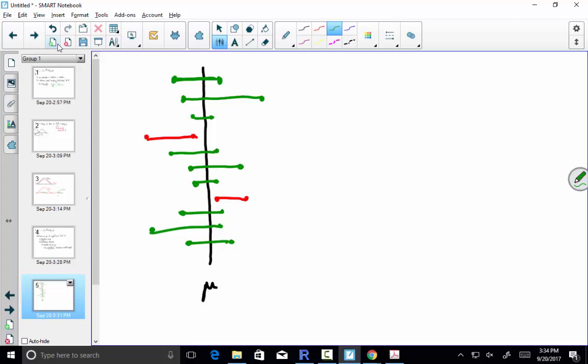And the flip side of that is 5% of the time, when you do this routine, pay the money and the time, go collect your 100 observations, measure them, run it through the algorithm to compute one of these things, all you have to show for it is your one interval. And you have no way of knowing whether your interval is a red one or a green one.